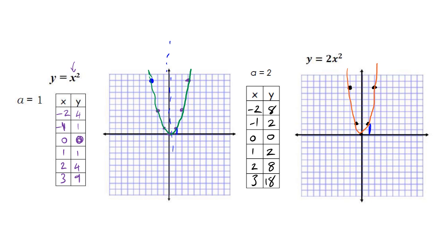When x is 2, y is 4 on the parent function, and on the new one, when x is 2, y is 8. Compare these y values, 1 to 2, 4 to 8. We can see that y values are being vertically stretched. So because the a value is greater than 1, we have a vertical stretch to our parent function.